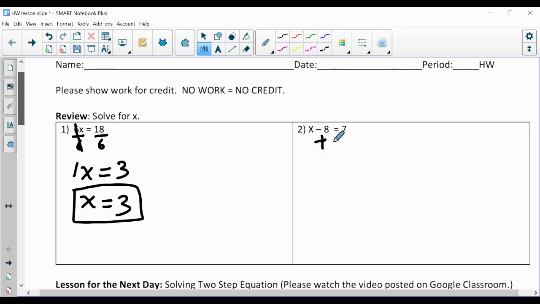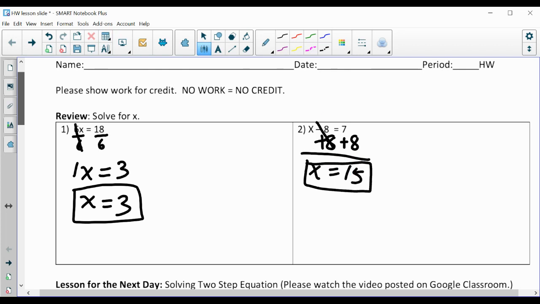So I add 8 at both sides. Remember, do the same thing at both sides. Negative 8 plus 8 is 0, so it cancels out and we don't need to write that. So x is equal to 7 plus 8, that is 15. That's it, that's how I show work.